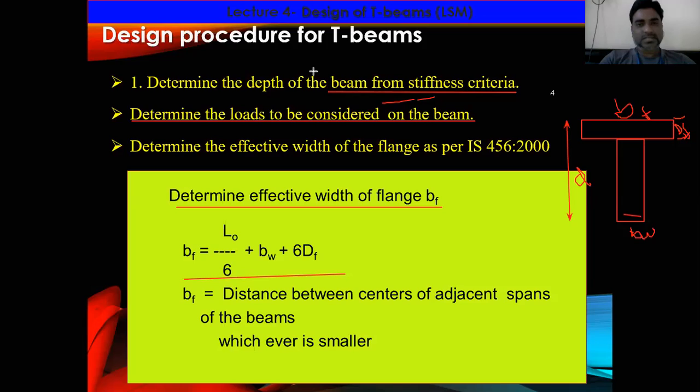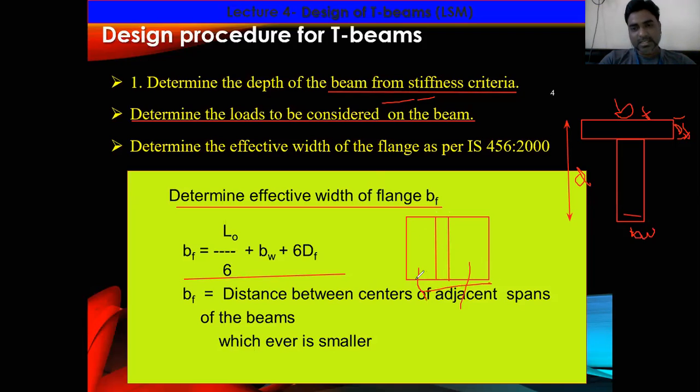What is the center to center distance? Suppose I would like to show in a plan. Suppose this is a slab, continuous slab, and the beam is here, an intermediate beam. In this case, you need to calculate the distance from here to here.